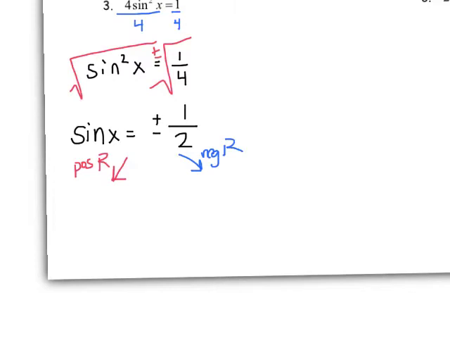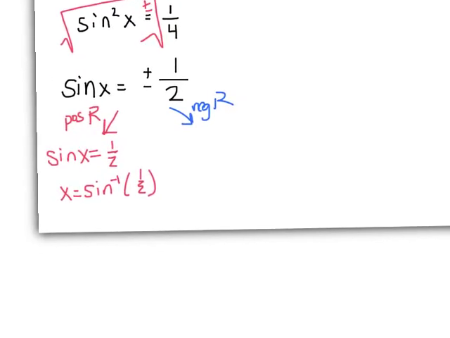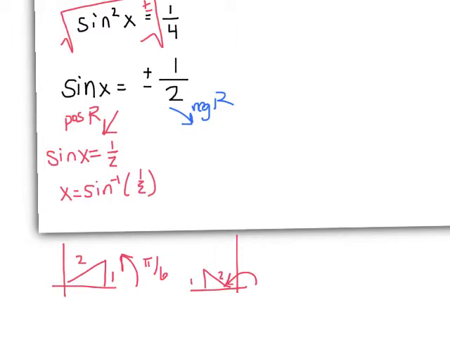So let's do the positive ratio first. Sine x equals 1/2. So x equals sine inverse of 1/2. Alright, let's go ahead and finish that off. So that's 1/2. Let's check radians. Pi over 6. And then 1/2, 5 pi over 6.